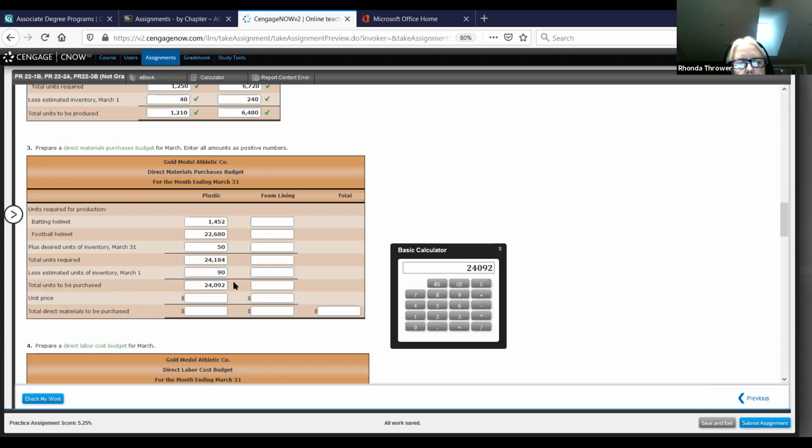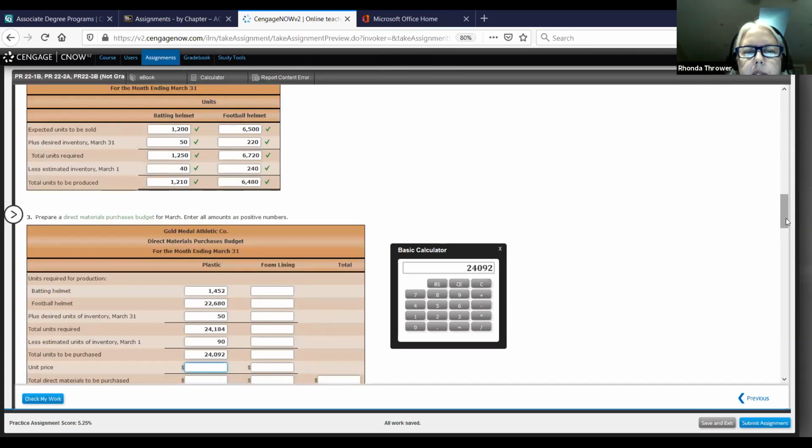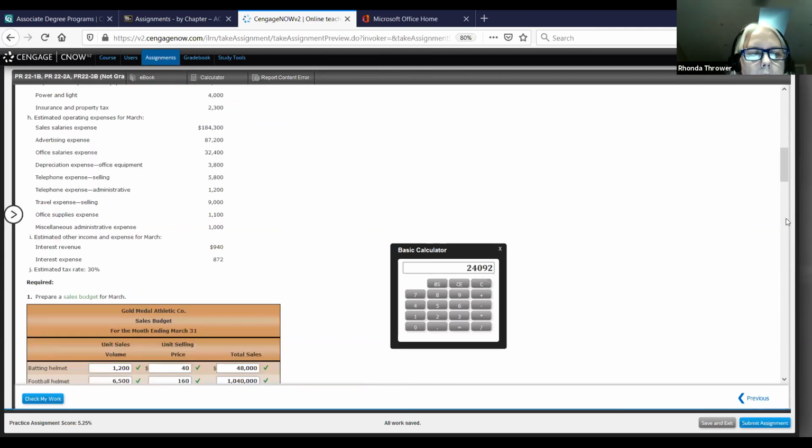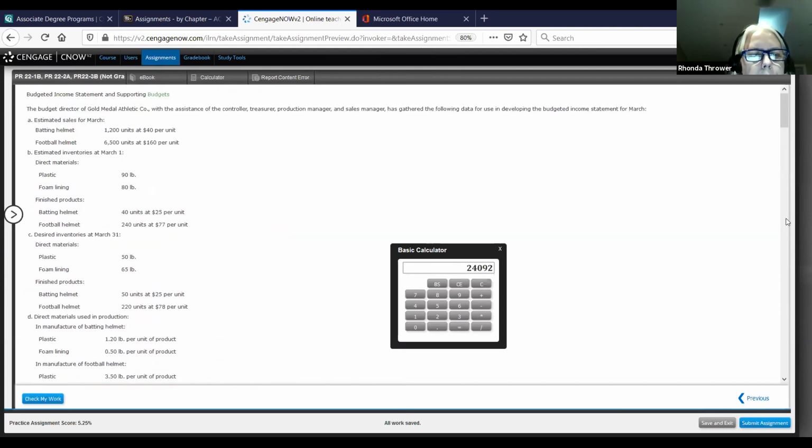Then once we know how many pounds it is that we need to purchase, we're going to multiply that by the unit price, and that will give us our total direct materials cost of the plastic for this period of time. So I'm going to look for the unit price of the plastic. You just have to look for it, class, so bear with me as I search for it.